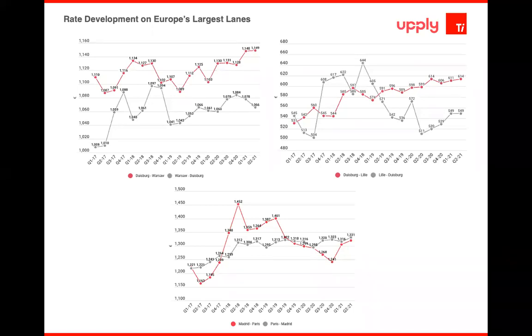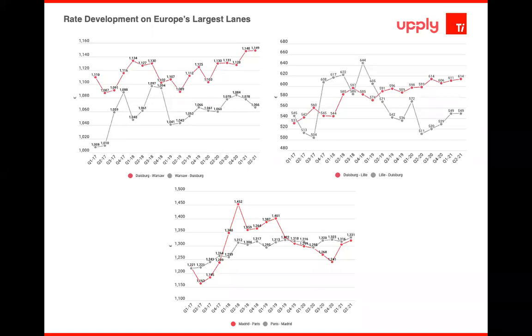We've seen some crossing of rates over the last couple of years for both the Duisburg-Lille, or Germany-France lane, and the France-Spain lane as well. Boris, could you take us through what's behind the pricing changes on those lanes, please?